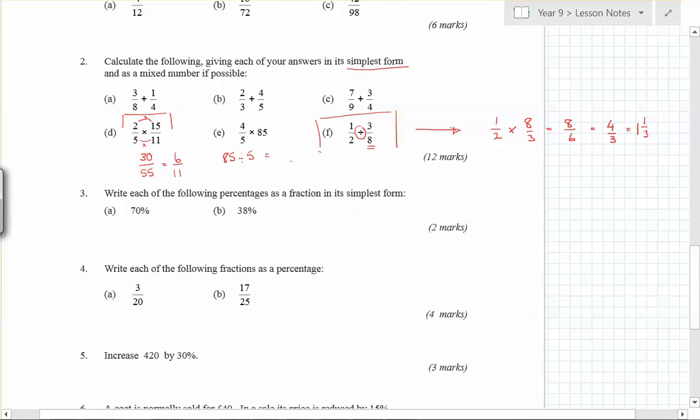What's your calculator saying? 85 divided by 5 is 17. And then we would do 17 times 4, which is 68.